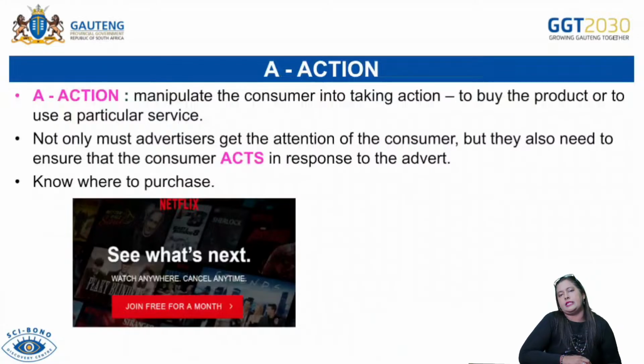Also, if you're looking at a brand like Netflix, okay, it says to you, see what's next. Now, obviously, if you are looking at that line, see what's next, you're thinking, okay, very easy. Let me get onto the internet, search for Netflix, and look up this particular app, and I can see that I can join free for 1 month.